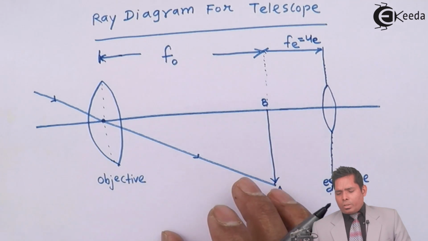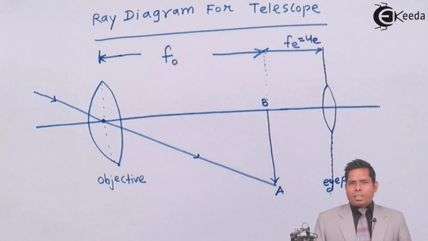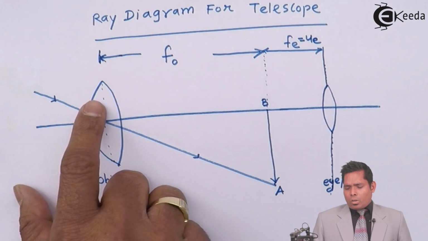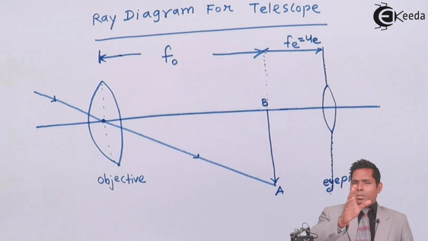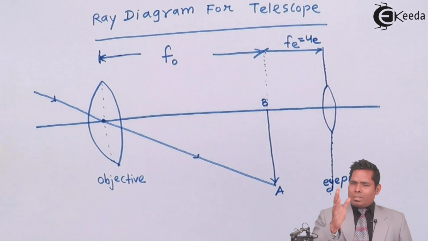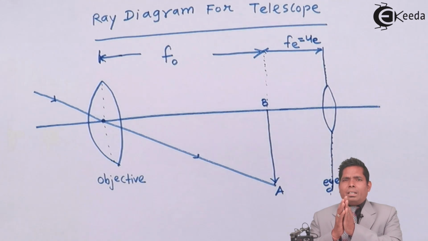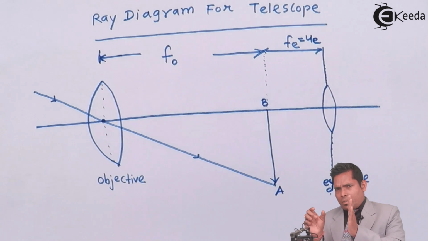Now I am just doing one particular case, that when the object is placed at infinity, the image is formed at the focal plane of the objective lens, and the image formed is at a focal length from the eyepiece.